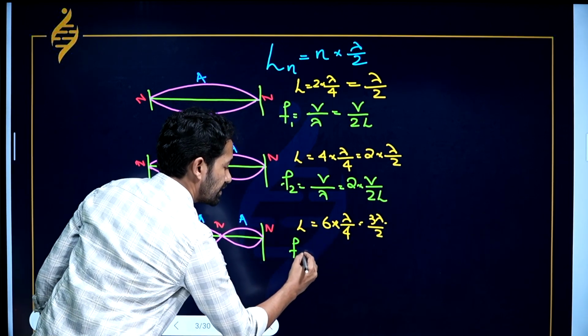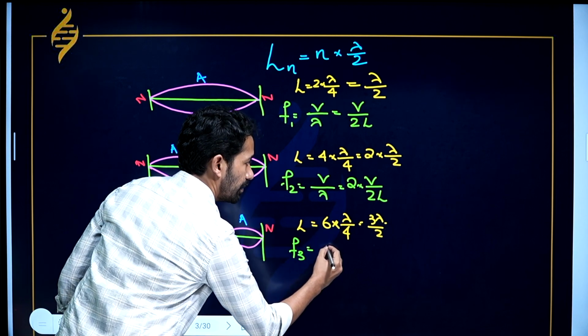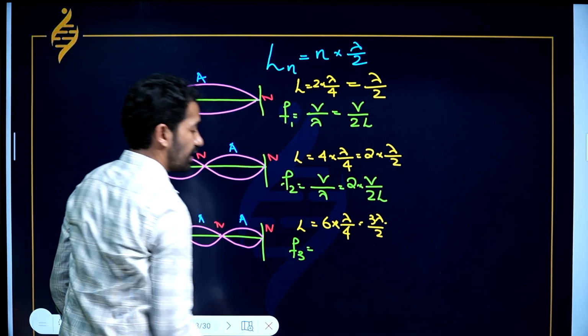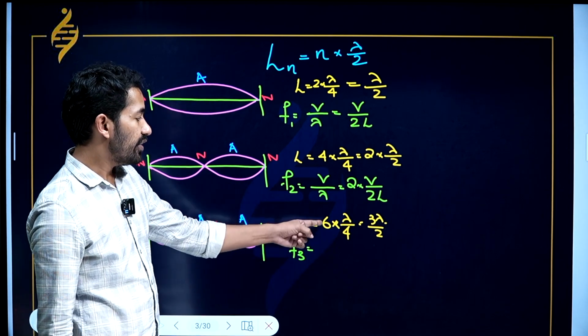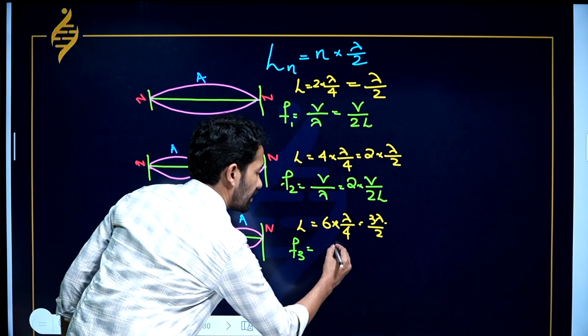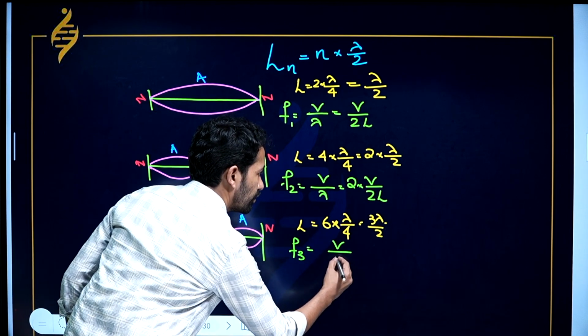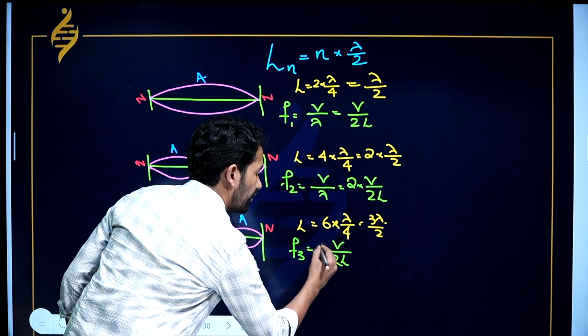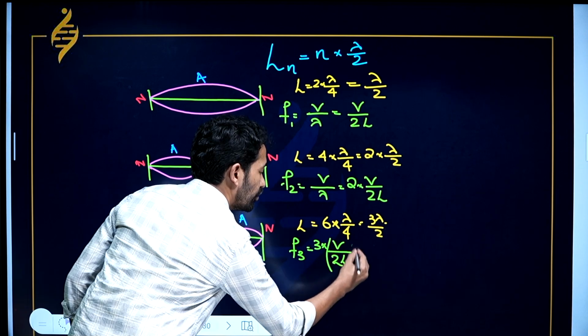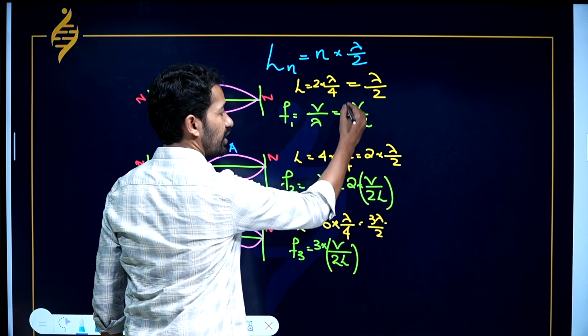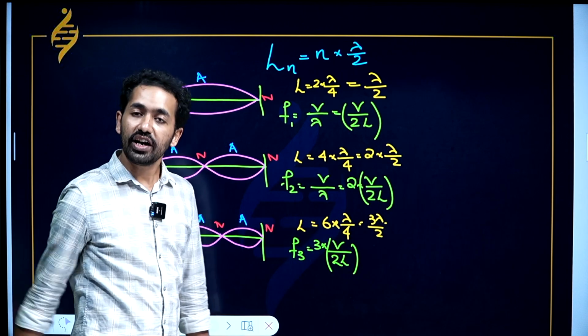And in the last case, f3 is equal to V divided by lambda, where lambda is equal to 2L divided by 3. So it is 3 into V by 2L. Here it is 2 into V by 2L, and in the first case we had 1 into V by 2L.